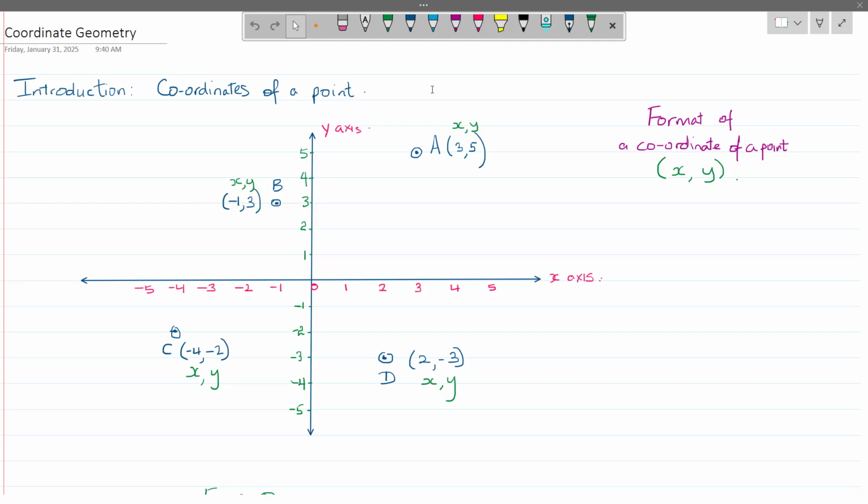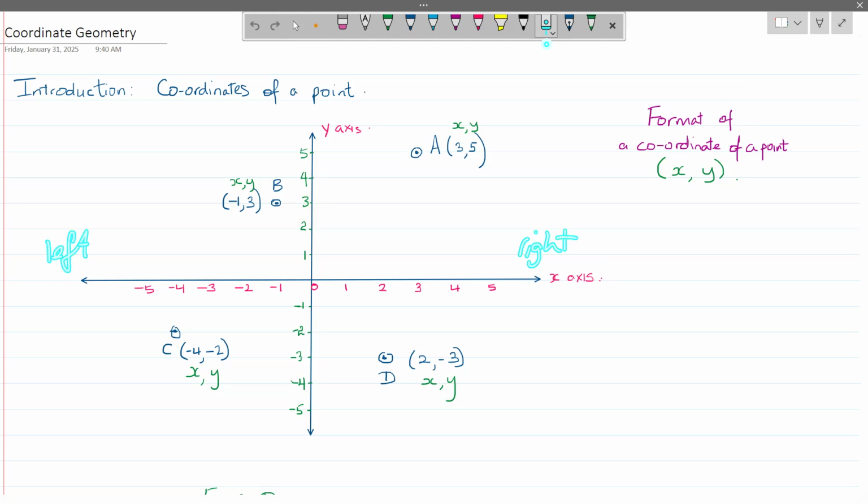To introduce coordinate geometry, we have to understand points on our graph. Another word for the graph is the Cartesian plane, right? So we have a pair of axes that forms the graph. One of them is a horizontal axis, going from left to right.